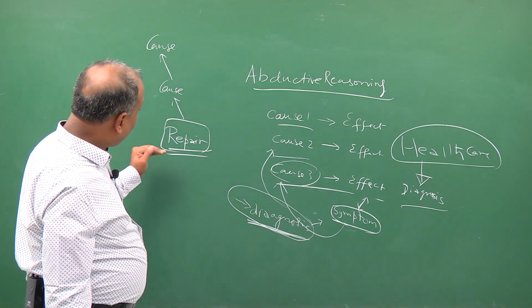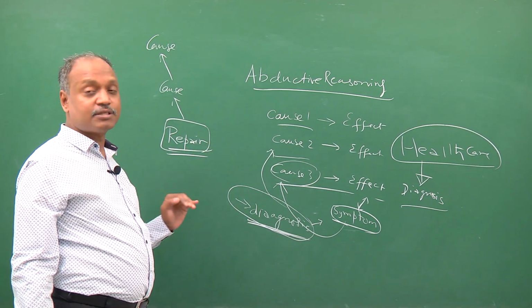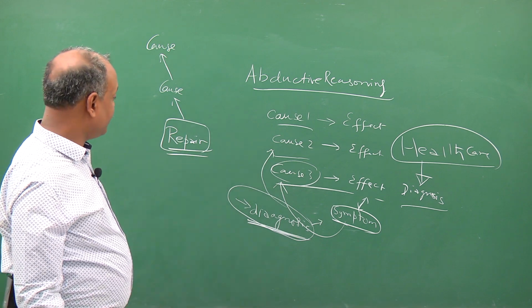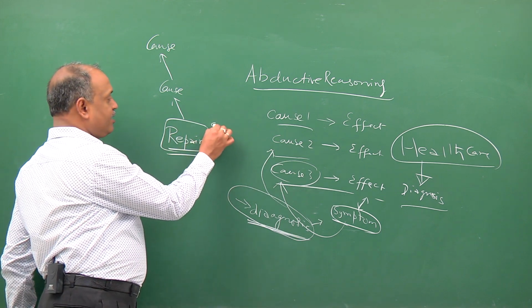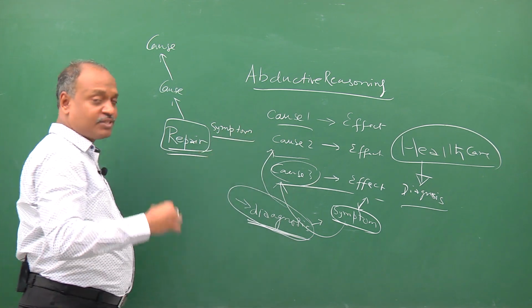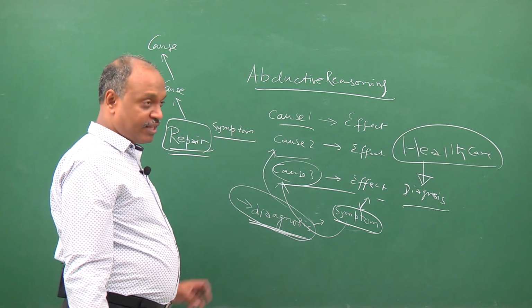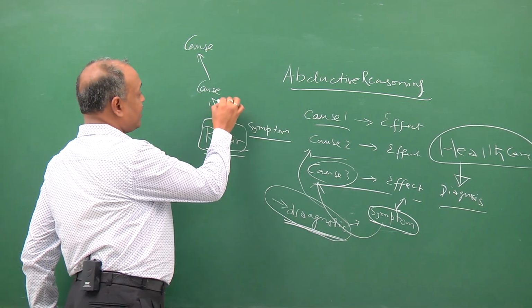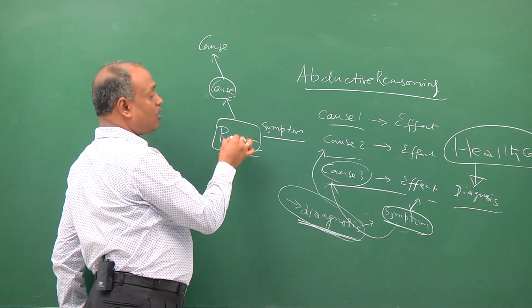So in the context of repair-based use cases of abductive reasoning, we usually try to identify the symptom, which is usually some kind of a fault or visible fault which you observe, and then you try to do an identification of what's the possible cause.